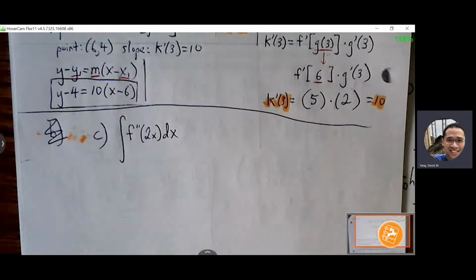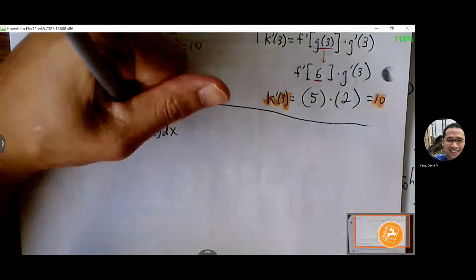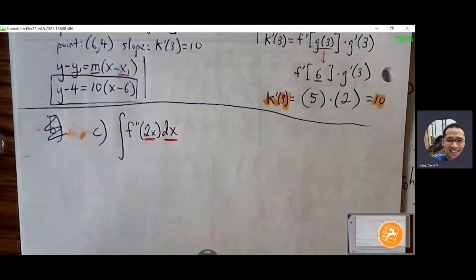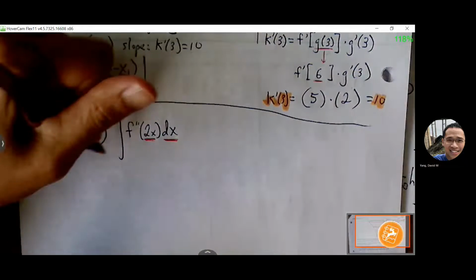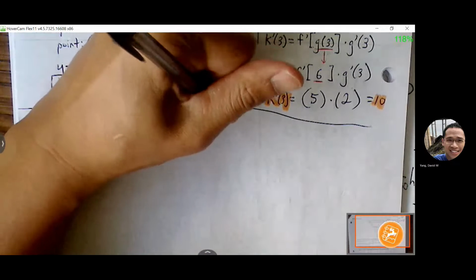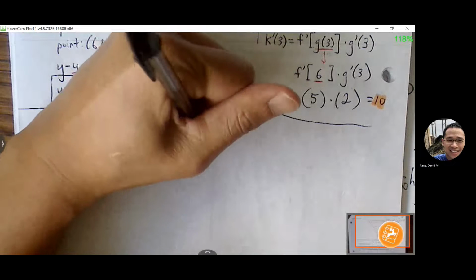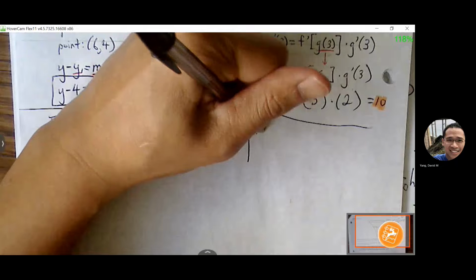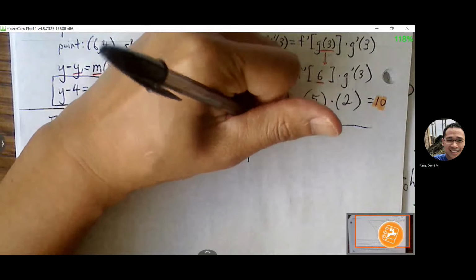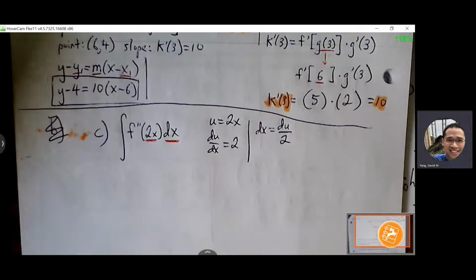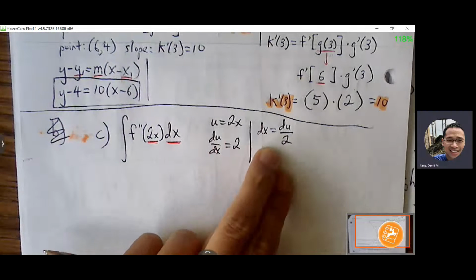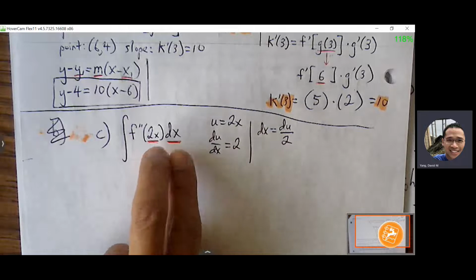Okay. U-substitution. Once I find my u and my dx, I can make those substitutions.